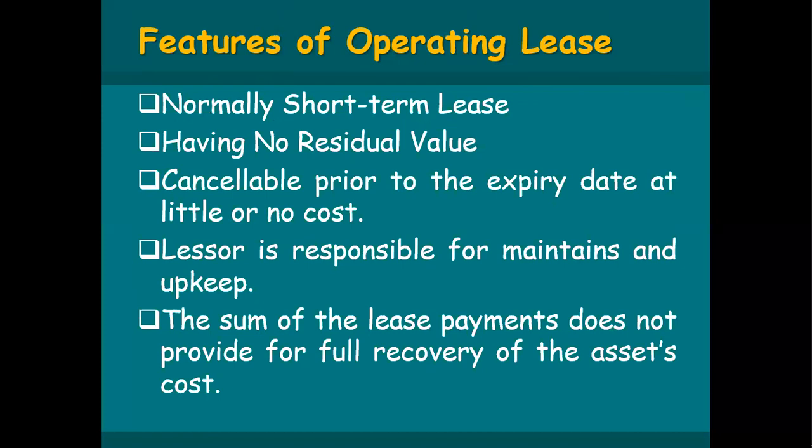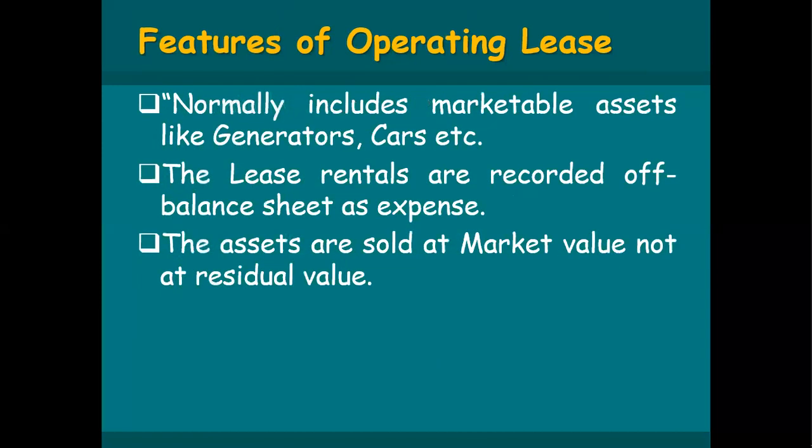The sum of lease payments does not provide for the full recovery of the asset cost. Normally it includes marketable assets like generators, cars. So operating leases are normally against marketable assets, and they also include construction-based equipment.